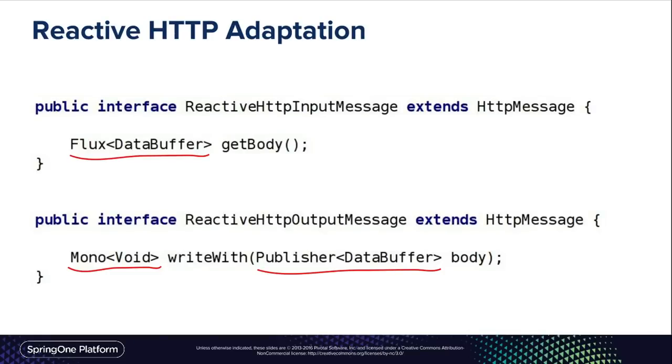And one of the things that we have underneath, for example, is abstractions that represent the body of the request and also the body of the response, with Reactive Streams and actually using the Reactor library. So at this point, you may wonder, why is this Reactor and not Reactive Streams, for example, to stay agnostic to the reactive library?